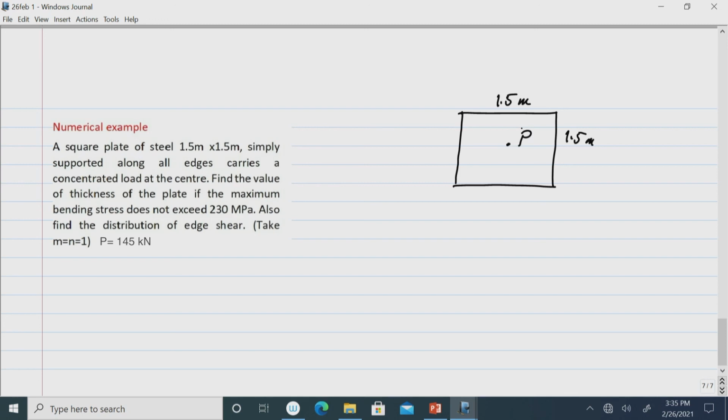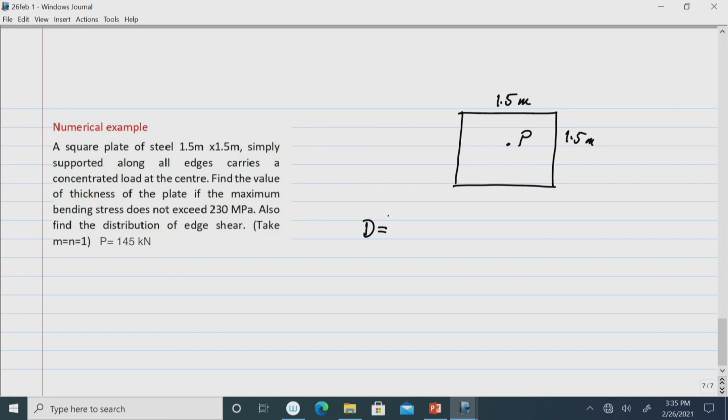The magnitude of the load is given, and the maximum bending stress not to be exceeded is 230 MPa. So, we have to find the shear force distribution, the S shear distribution, as well as the plate thickness. So, first you calculate D, the flexural rigidity of the plate, substituting the values of the quantities.